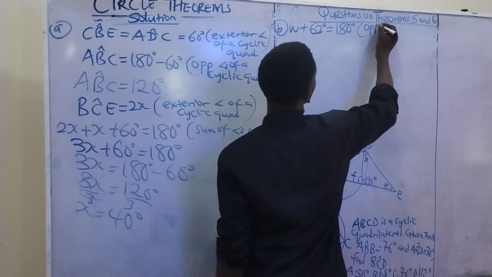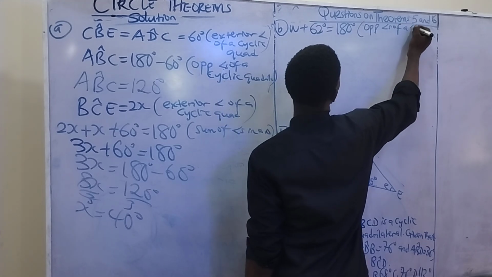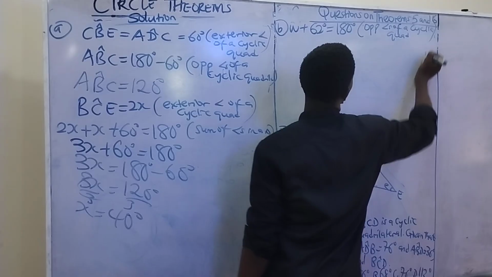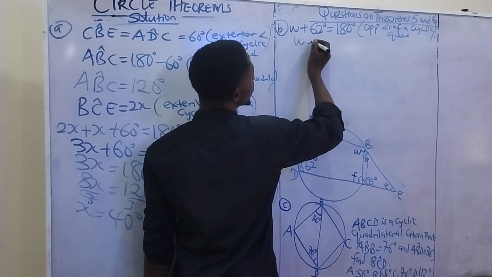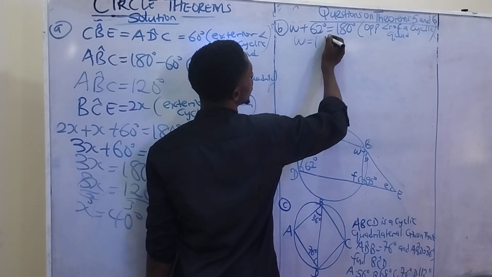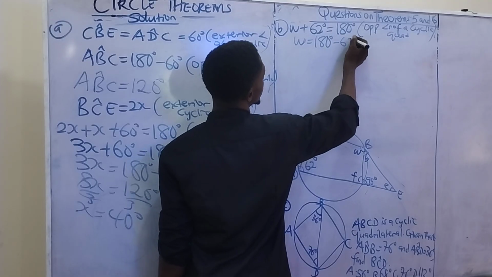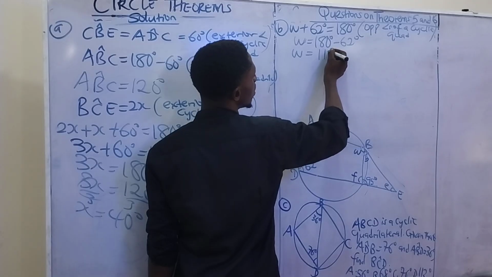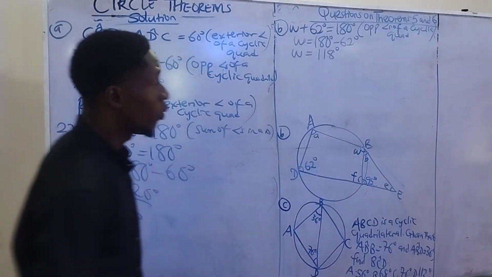Okay, so our W is equal to 180 minus 62. Our W will give us 118 degrees.